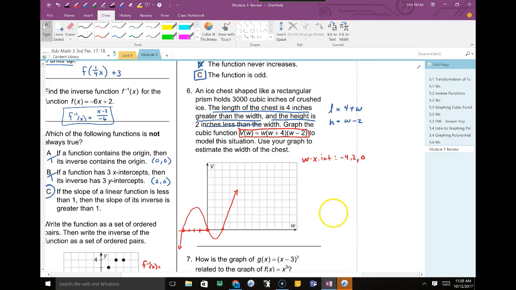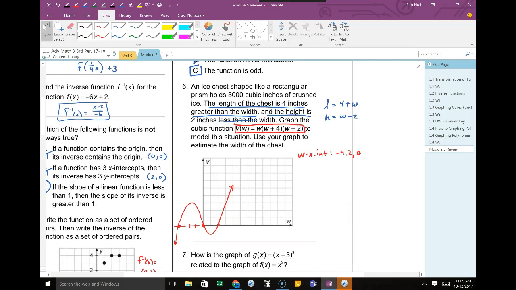What's the key piece of information we need? Remember this right here? Okay, so we need to figure out when that is equal to 3,000.